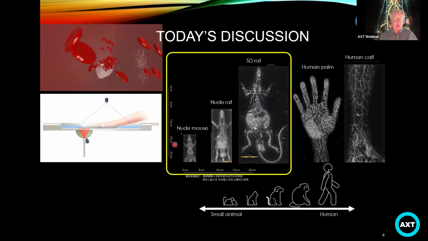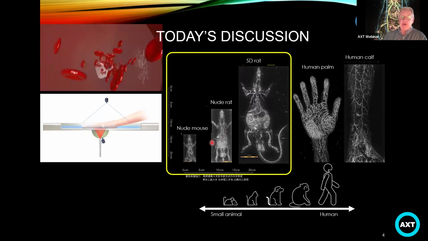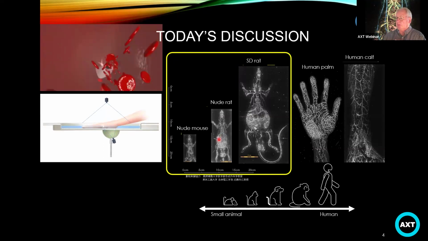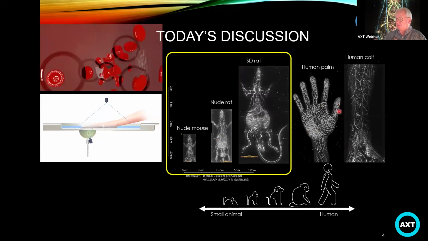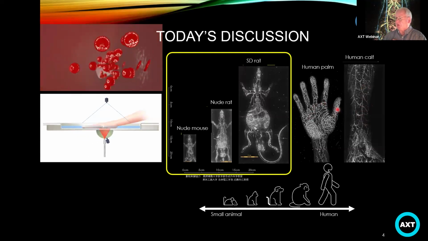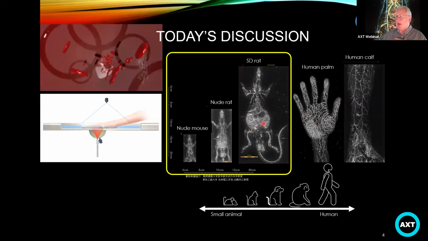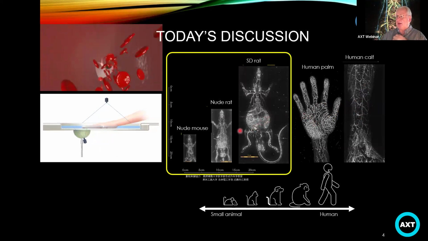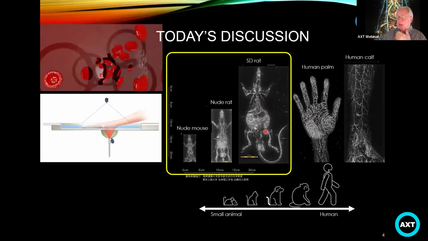So it is capable of imaging quite a wide range of areas and tissues. And you can see here in the diagram that they're showing human limbs, calf limb, human palm, but also small animals from the rat down to small nude mice.